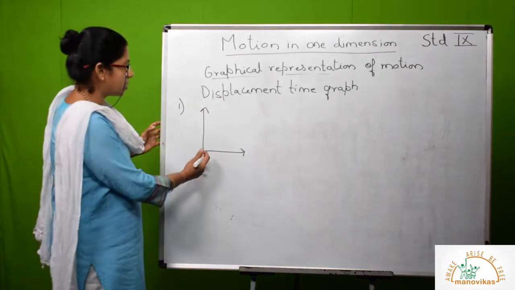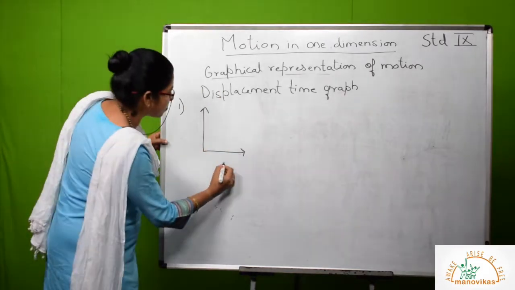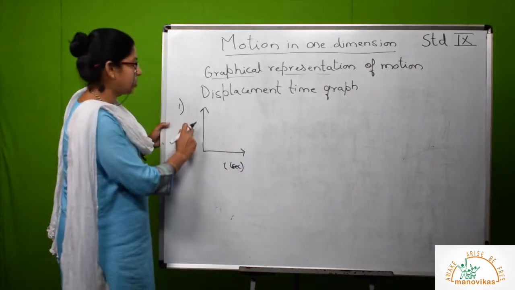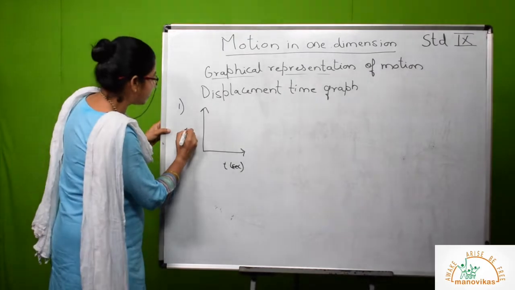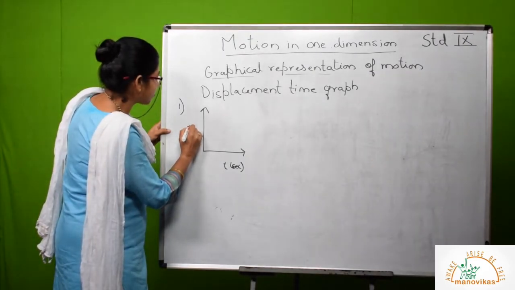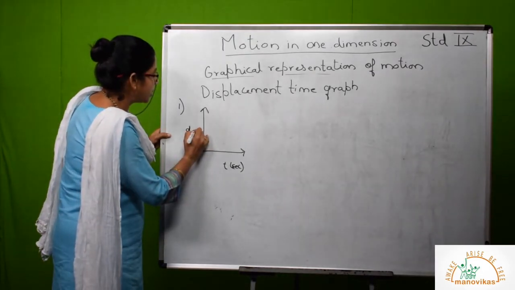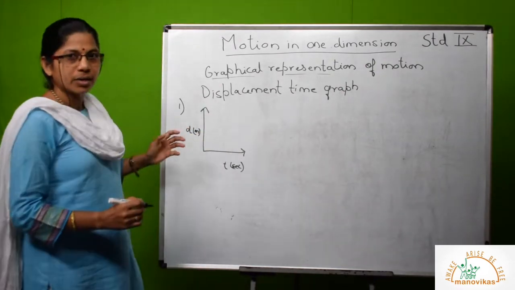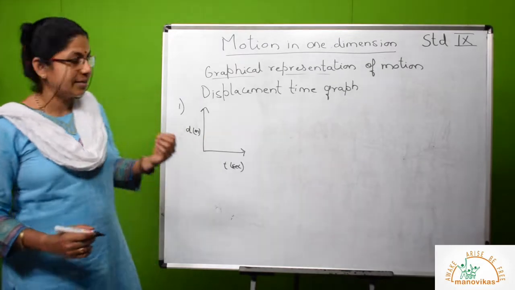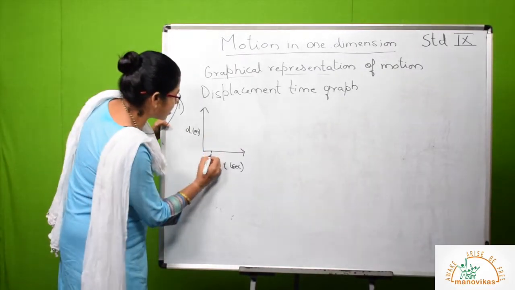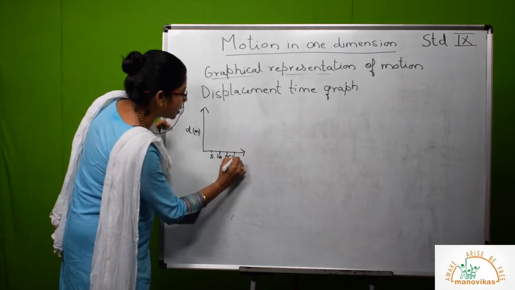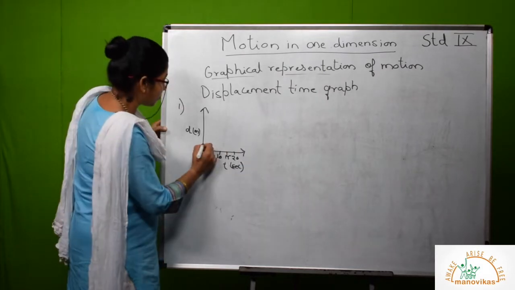So on the x-axis you have time in seconds, and on the y-axis you have displacement in meters.